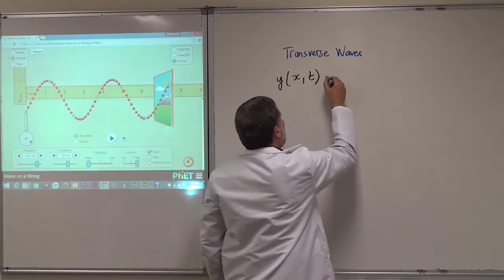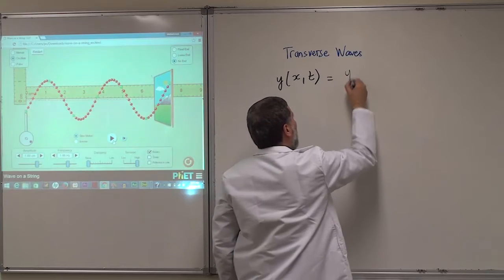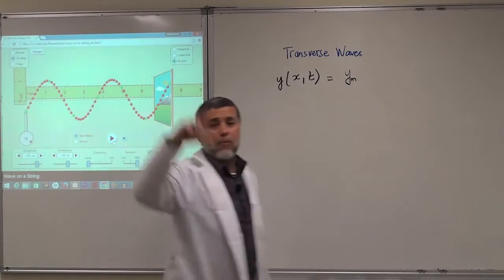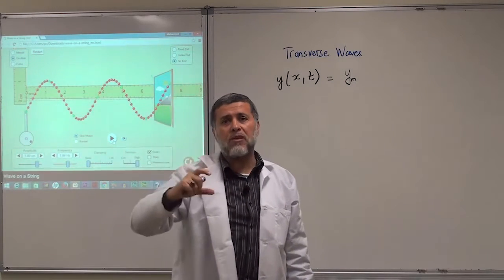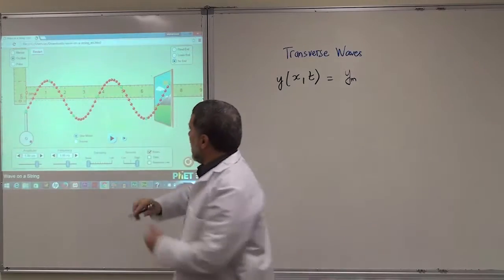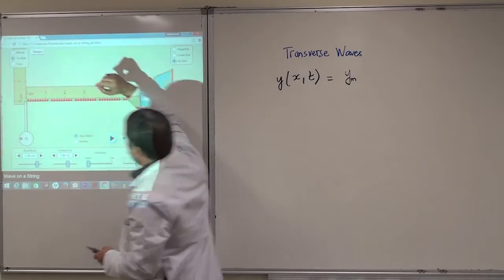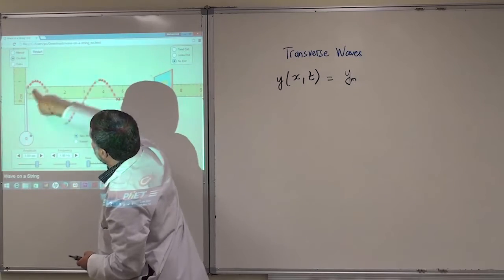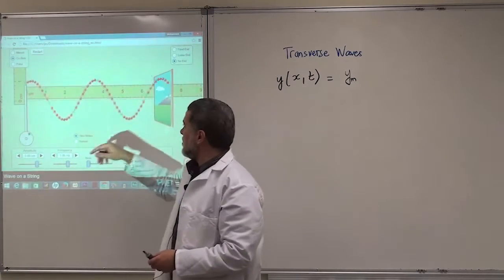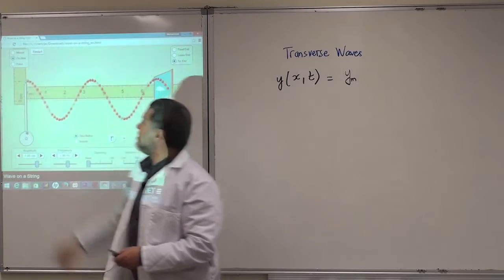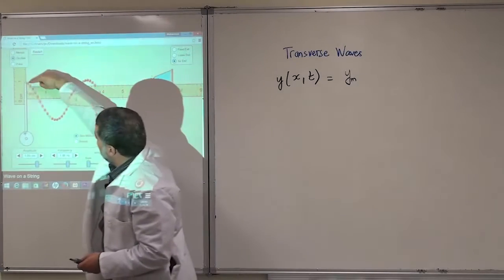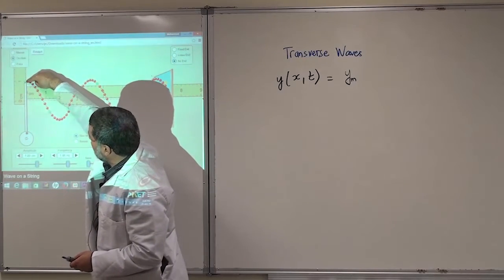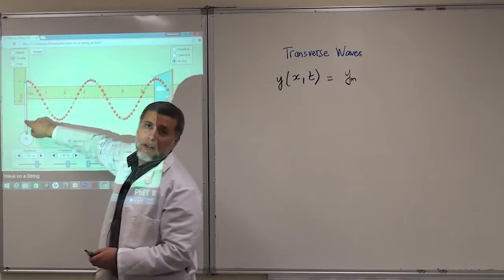So that equation is equal to ym, the maximum displacement, or the maximum position, which is called the amplitude. For example, in this animation, the amplitude is 1 centimeter. The particle goes up to 1 centimeter and comes down to -1 centimeter.